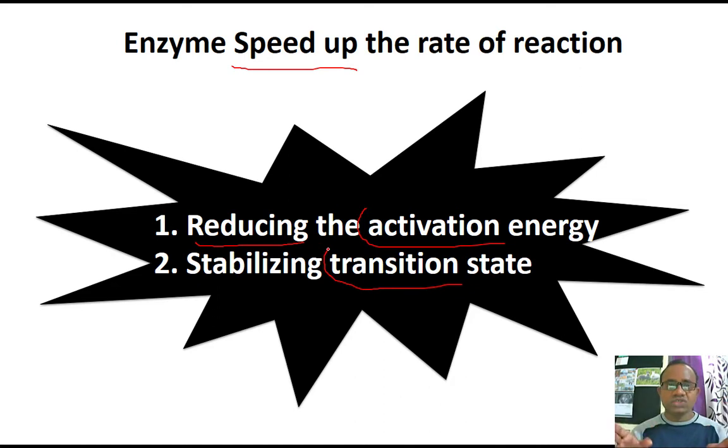So activation energy and the transition state are the two important factors that determine the speed of a reaction. An enzyme modifies or manipulates these two things, the activation energy and the transition state. By manipulating these two things, the enzyme will increase the speed of the reaction, right?